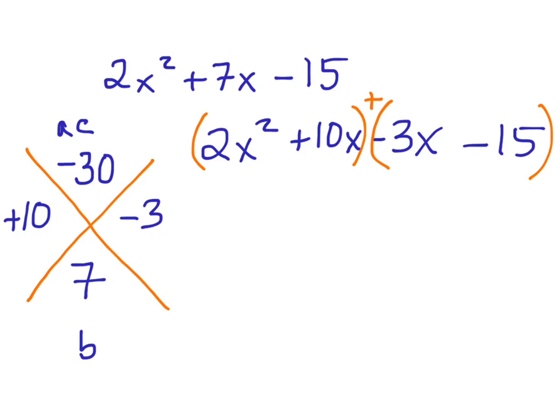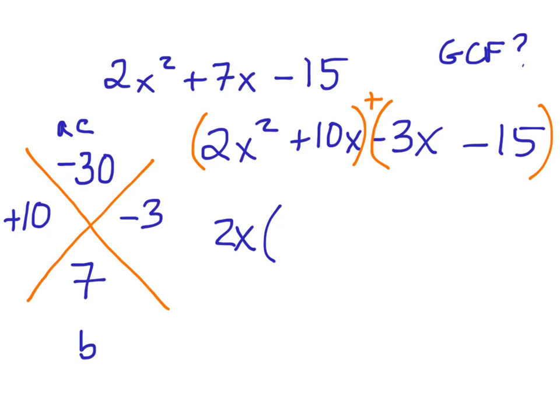Now I'm looking for the greatest common factor that I could take out of each of these 2 parentheses. For the first one, 2x squared plus 10x, notice that you can factor out an x from each of those, and you can also factor out a 2.